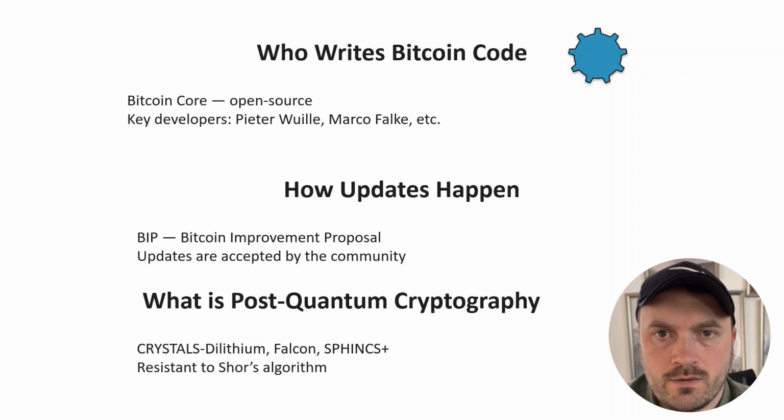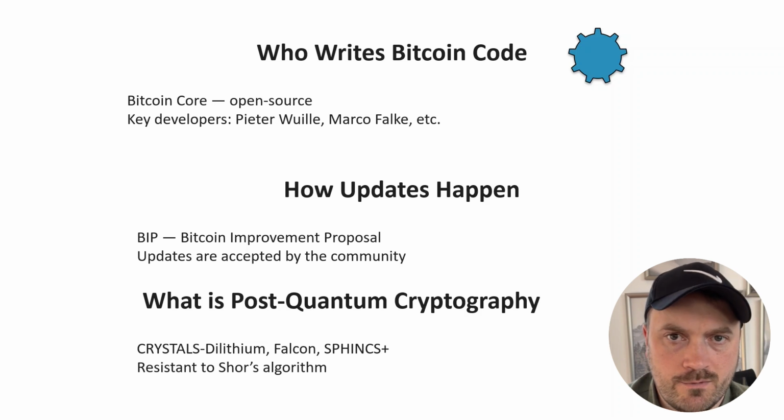The third one is SPHINCS+, a hash-based algorithm, very reliable but slower and requires more memory, used as a fallback option. These algorithms do not rely on factoring or discrete logarithms, which means they cannot be broken by Shor's algorithm.